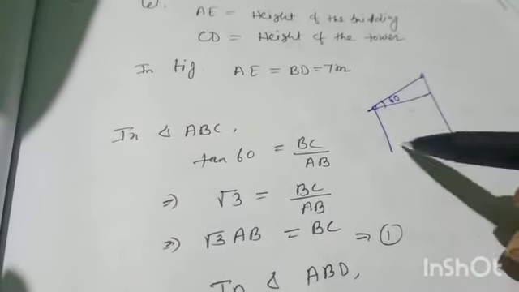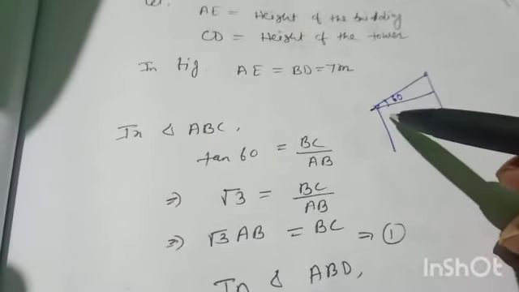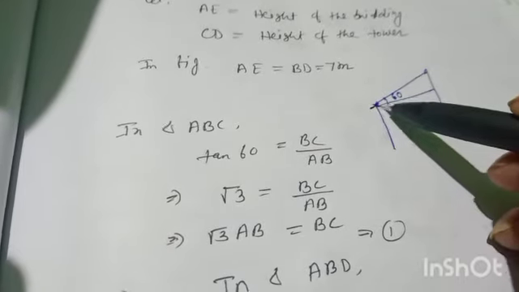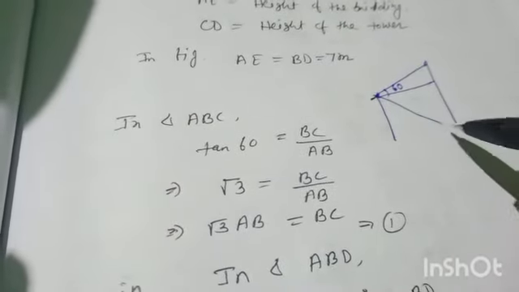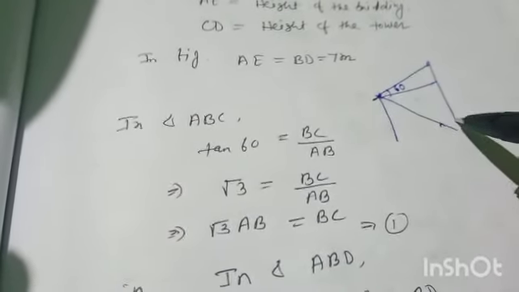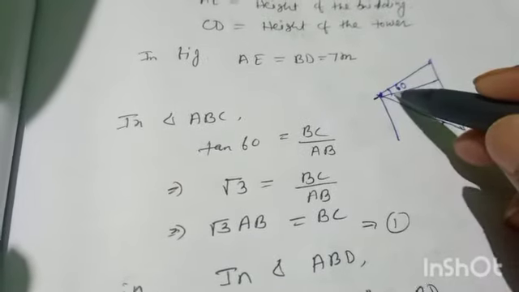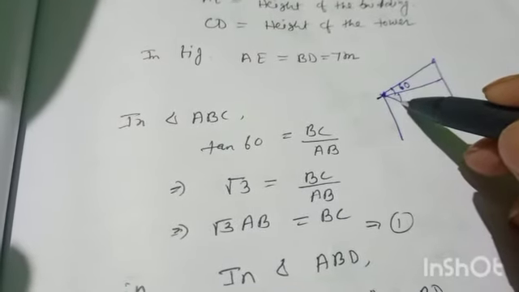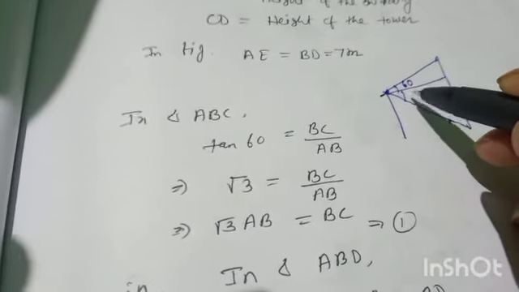And the angle of depression means down from this same point to the foot of the tower. This angle, how much have they given? According to the question, 45 degree.